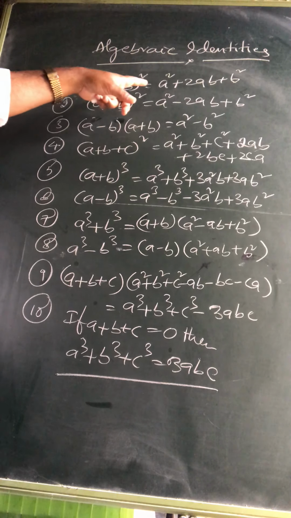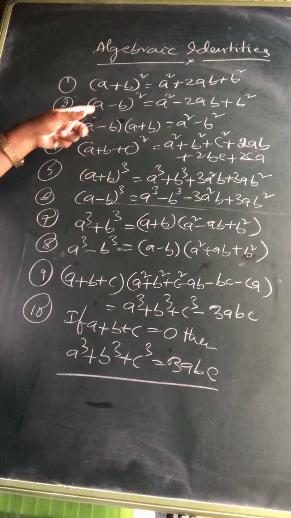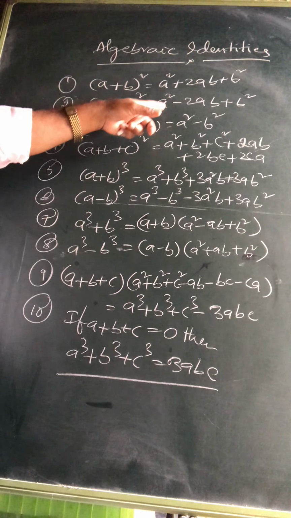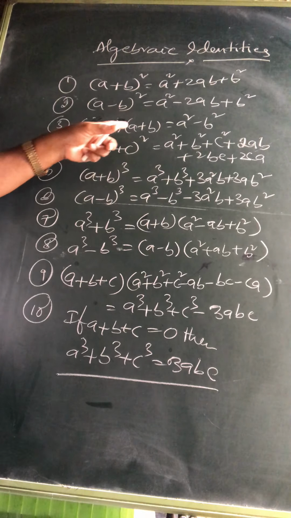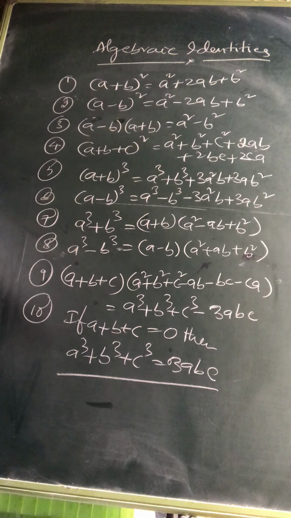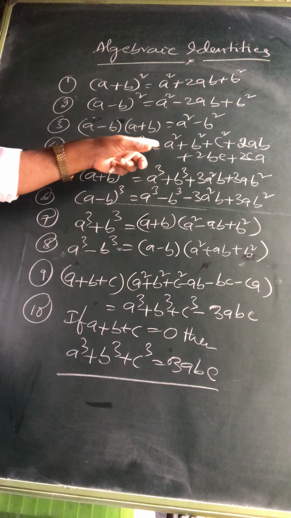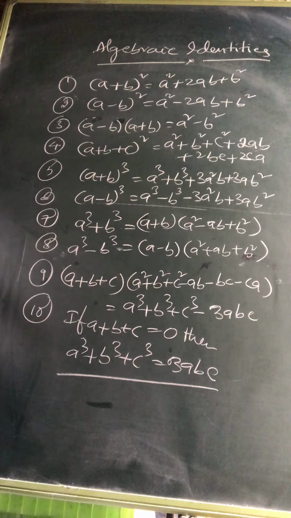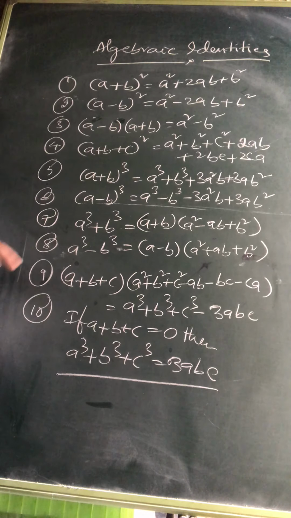(a + b) whole square is equal to a square plus 2ab plus b square. (a - b) whole square is equal to a square minus 2ab plus b square. Third, (a - b)(a + b) is equal to a square minus b square. Next, (a + b + c) whole square is equal to a square plus b square plus c square plus 2ab plus 2bc plus 2ca.